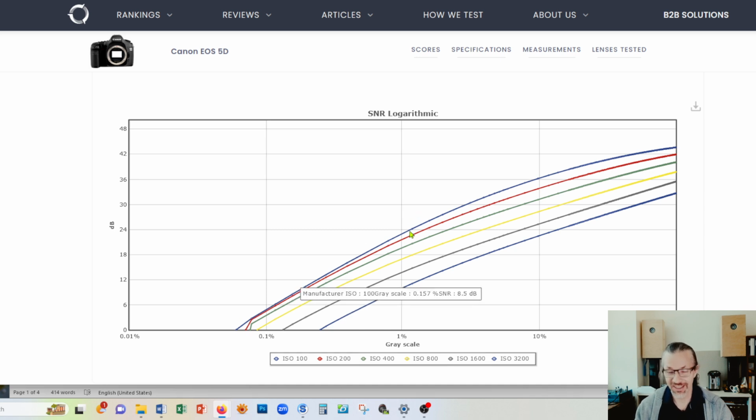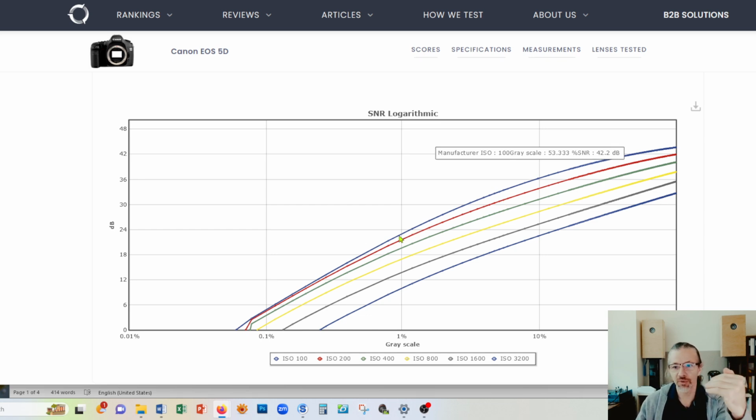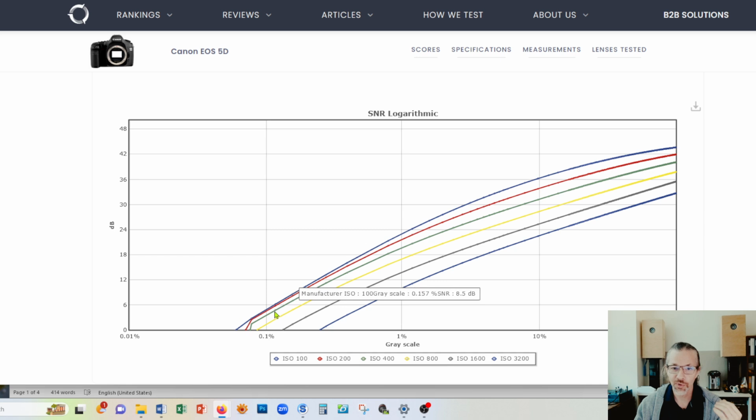So what we are seeing in a photo that we take is like a 1% to 100% range. And when you need to rescue something from the nearly invisible darkness, that's the 0.1% to 1%. And as you see here for the Canon, there's not much.